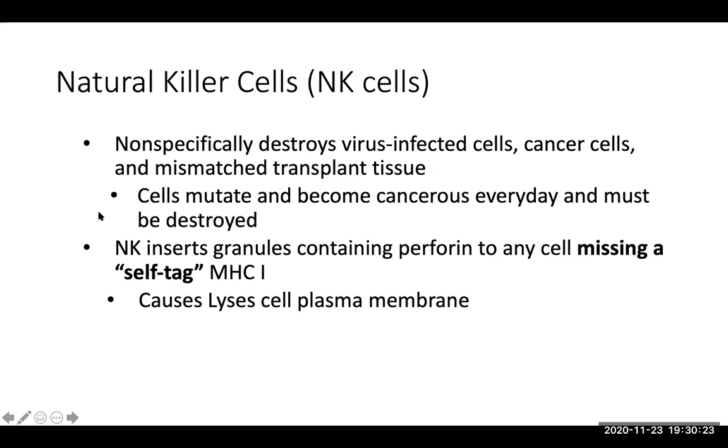So cells mutate all the time. They are constantly getting exposed to different chemicals and radiation, right? All sorts of processes that damage cells. And so every day our body must find and get rid of these mutated cells before they turn into actual cancer. So medical cancer is different than cellular level.